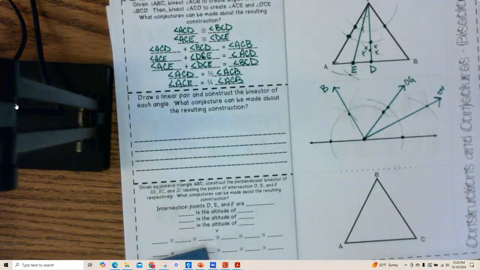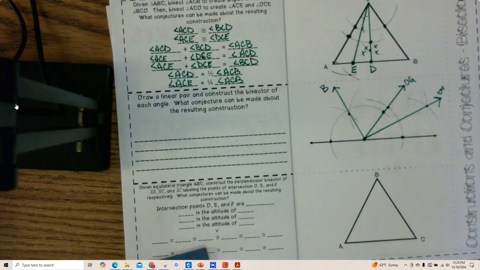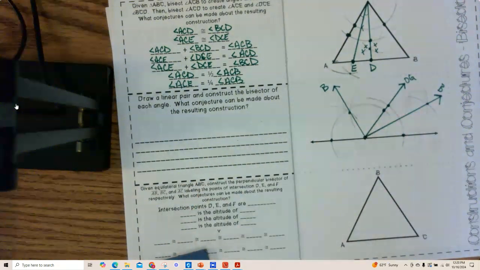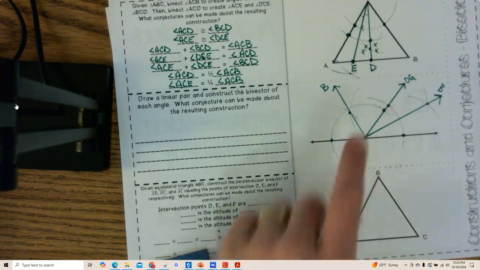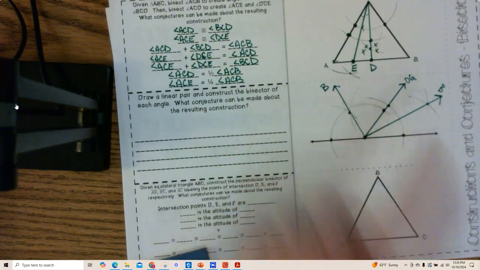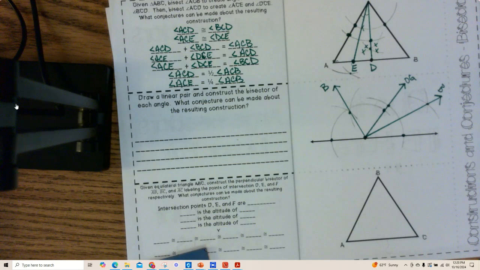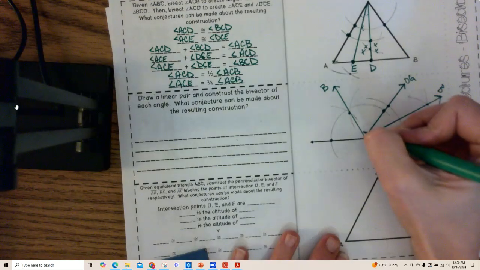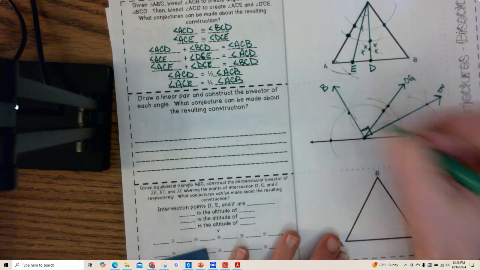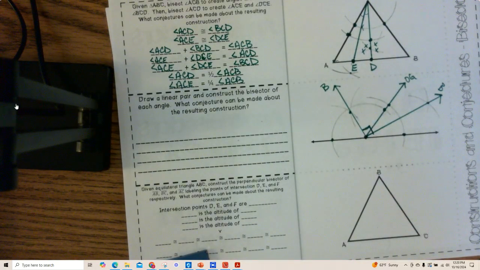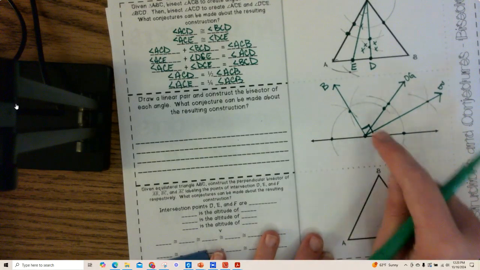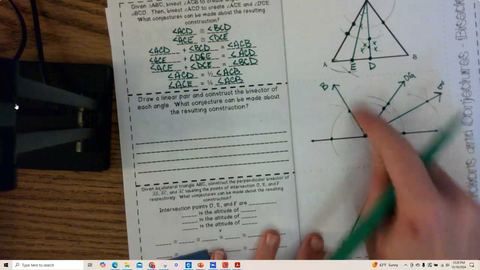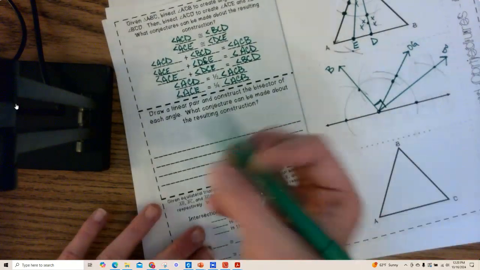Can anybody tell what was created or the relationship between these two bisectors, just eyeballing it? Can you see the relationship between these two bisectors? What happens when you bisect a linear pair? The bisectors are perpendicular to each other. So anytime that you bisect angles of a linear pair, the two bisectors are going to be perpendicular.